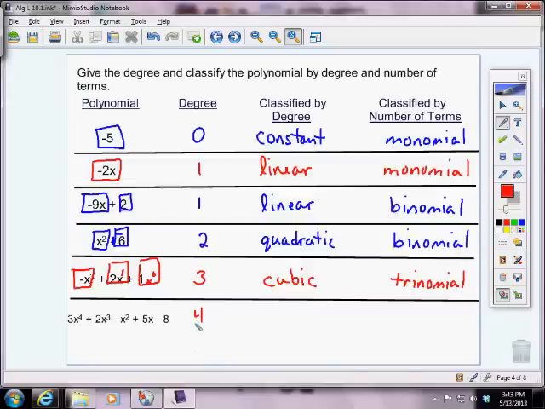Since this is a fourth degree, that is what we call a quartic. Don't stress out too much about quartic, or even about cubic. You will get into some cubic functions, but we spend most of our time in linear and quadratics. Fourth degree is a quartic, and there's 1, 2, 3, 4, and 5 terms. Remember, anything over 3 terms, we just say it's a polynomial.